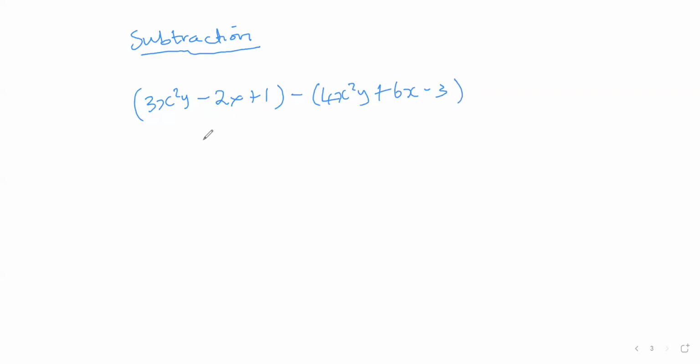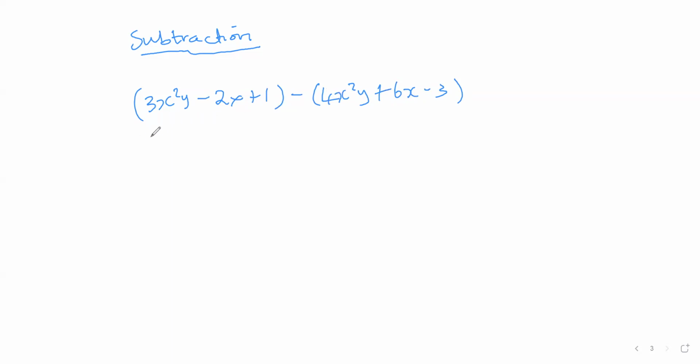Okay, so what do we get? We get 3x squared y minus 4x squared y. And then we get a minus 2x minus. Okay, so with the minus, what you do first is to open up the brackets. And we do that by distributing our minus sign to each term in the second bracket.